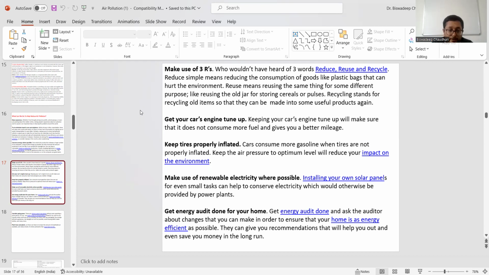Next, make use of renewable electricity where possible. Installing your own solar panel, I know it is very difficult if all of us want to build our own solar panel. But at least in the near future, we can try to have one solar power station per locality.